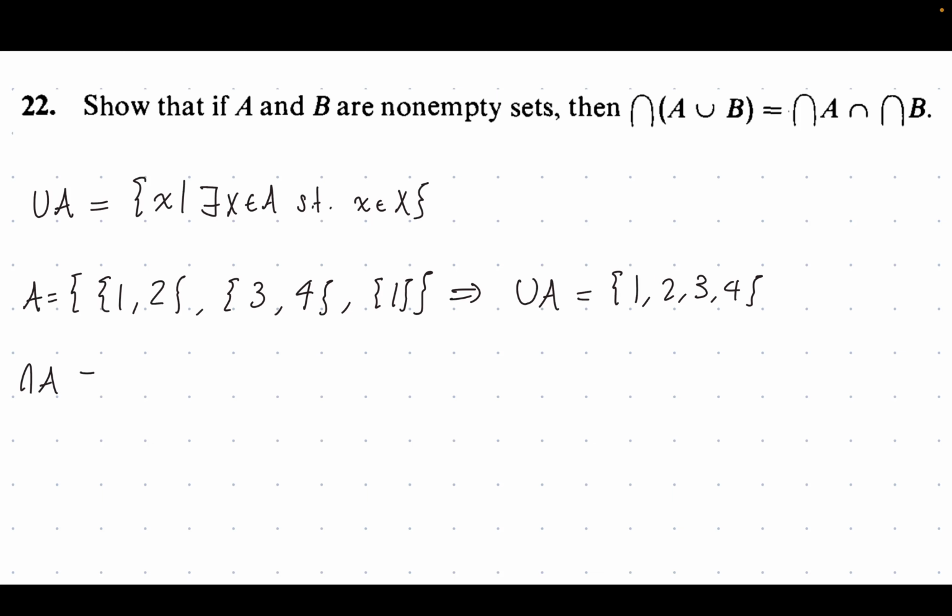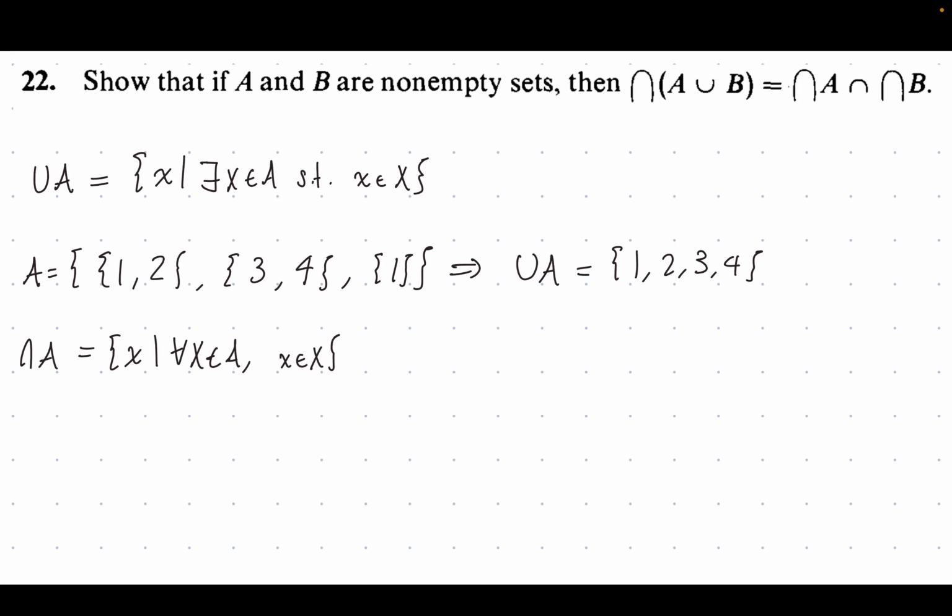And the intersection of A, by contrast, is the set of x such that for all big X in A, little x is in big X. Using this example, 1 shows up in this set, and it shows up in this set, but it doesn't show up in this set.